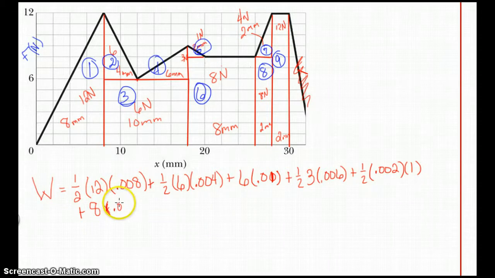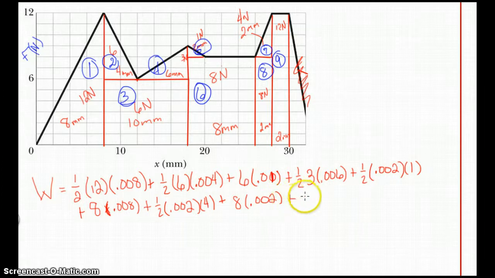Then for the 6th region, we're going to have 8 times 0.008. For the 7th, we're going to have 1/2, 0.002 times 4 newtons. We're going to have 8 times 0.002. And then finally, 12 times 0.002.